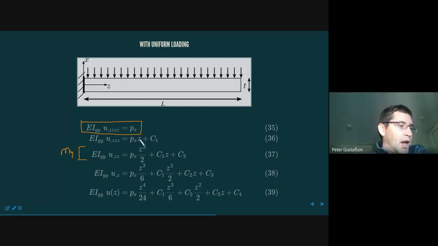David asks, why not minus Py? Well, that gets into sort of the semantics of how you happen to be choosing what your distributed load is. If I were to actually further describe what Px is, I could say it's equal to, say, minus rho Ag, and the minus sign would come in there, but it would remain positive here.